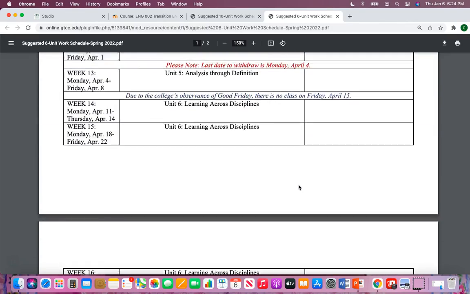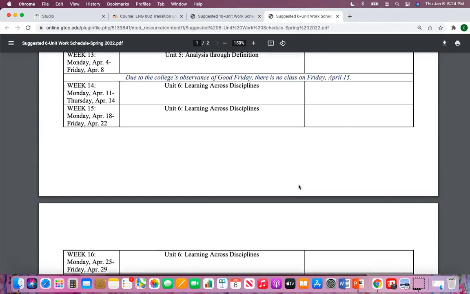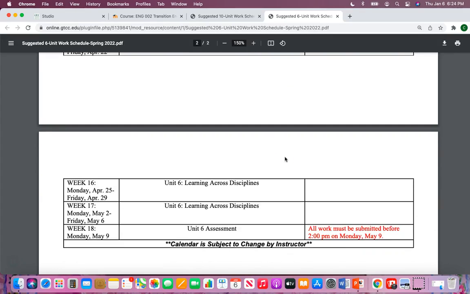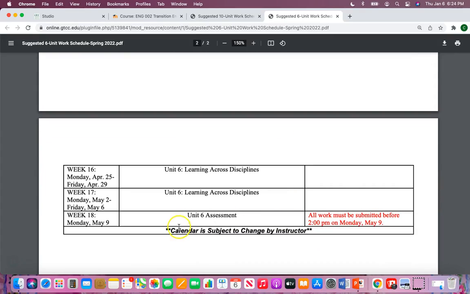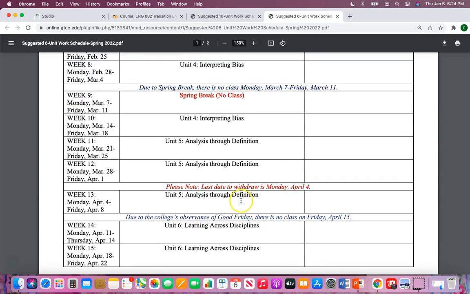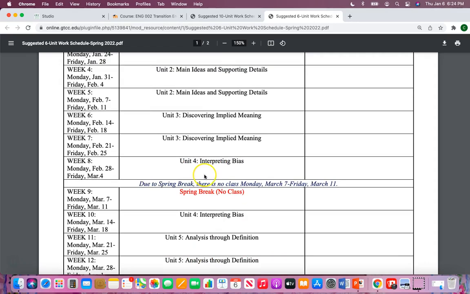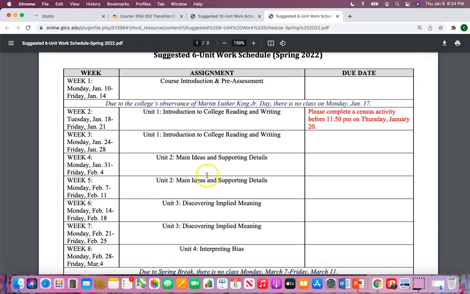So you can see in this suggested 6-unit work schedule, I have blocked off 4 weeks for you to work in the unit itself, and then 1 day to complete the assessment. And then Unit 5 is a little bit harder than Unit 4, so I have 3 weeks for Unit 5 versus 2 for Unit 4 and 2 for Unit 3 and 2 for Unit 2 and 2 for Unit 1.